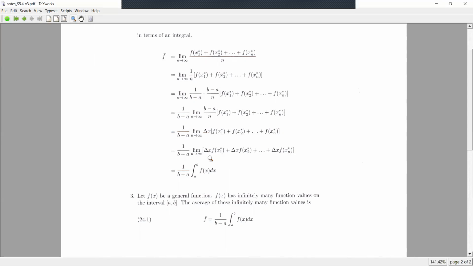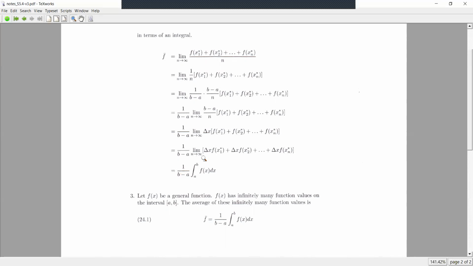So this product is the area of the first rectangle. And this is the area of the second rectangle, and so on. This is the area of the last rectangle. So actually this sum is the sum of the areas of rectangles.